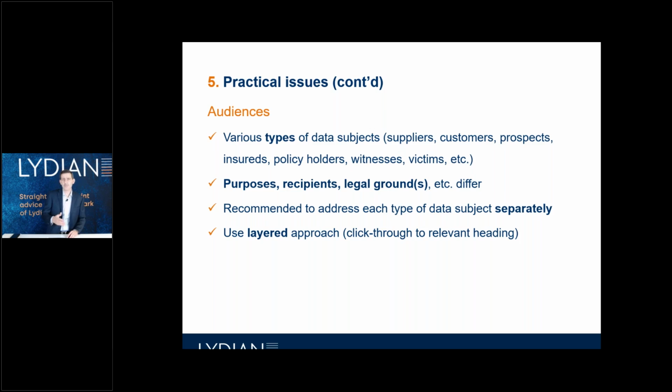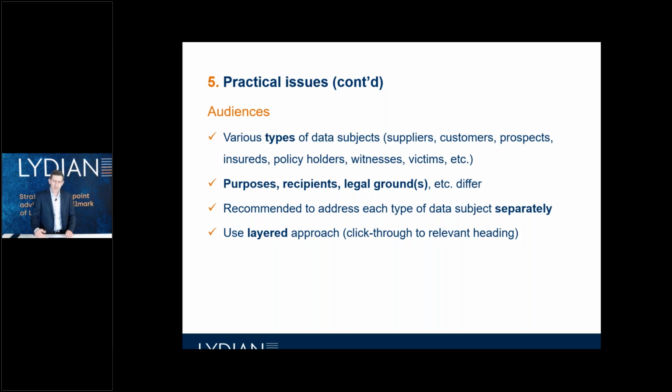The purposes will differ, the recipients may differ, the legal ground will differ, and so it's recommended in fair processing notices to address each type of data subject separately and to be very clear about each of these items, which may be different for each of the data subjects, namely purposes, recipients, legal ground, and so on.